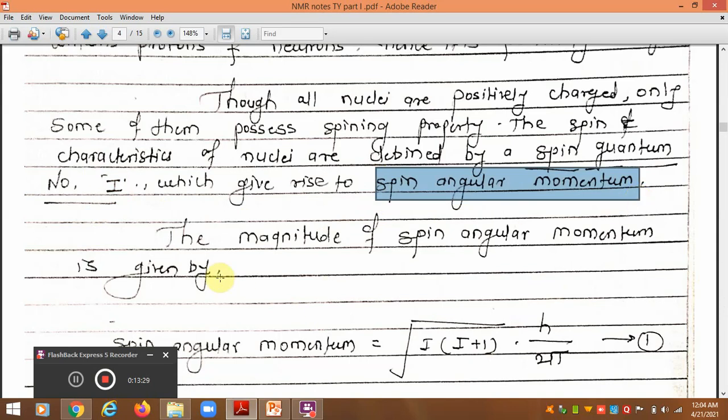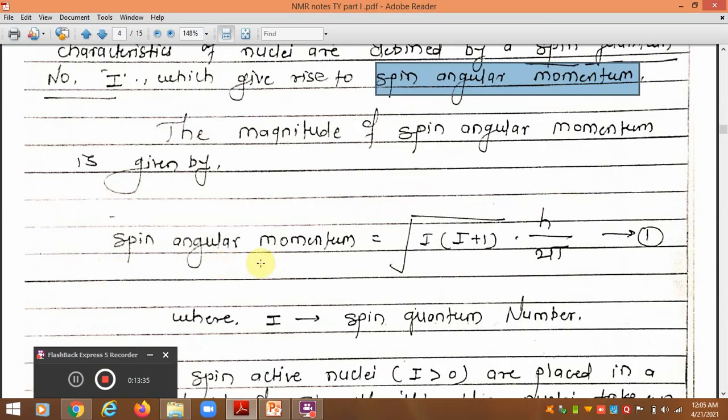The magnitude of the spin angular momentum of a spinning nucleus is given by the equation: square root of I into I plus 1, into h upon 2 pi. Here I is the spin quantum number of the spinning nucleus, and h is the Planck constant.